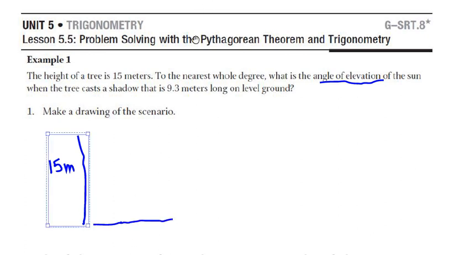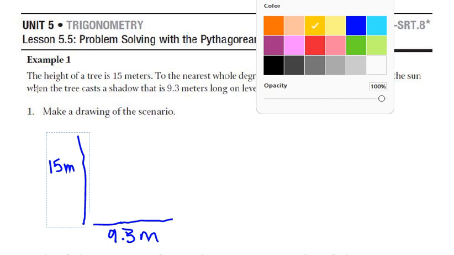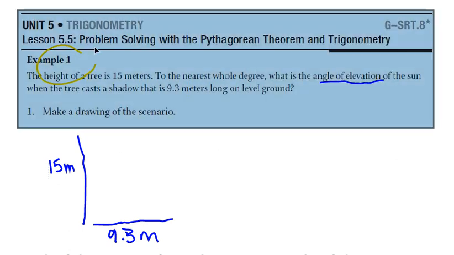It gives us a horizontal there where our value is 9.3 meters. And what it's asking for is the angle of elevation of the sun when the tree casts this shadow. So we know that we have a sun somewhere. Doesn't really matter where it is. There's a sun.